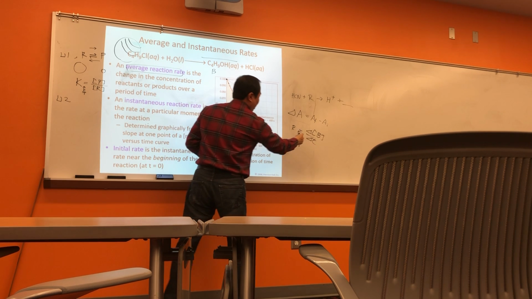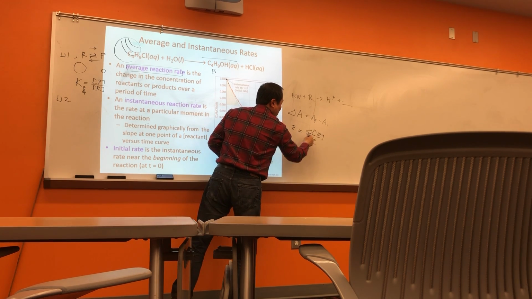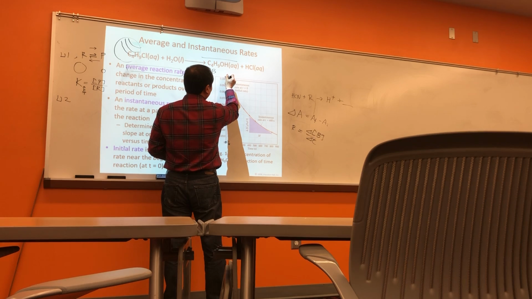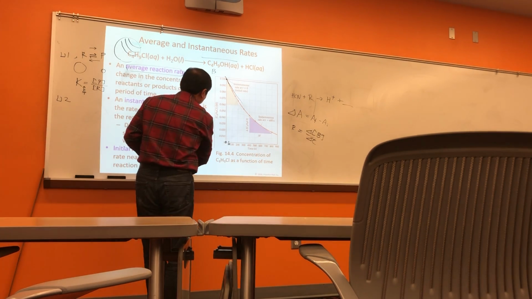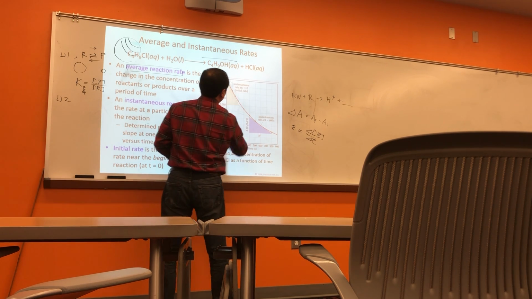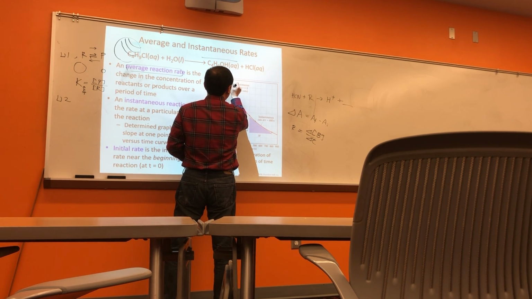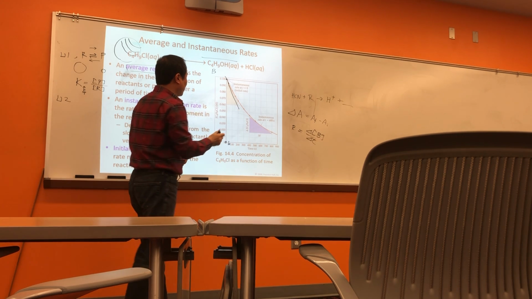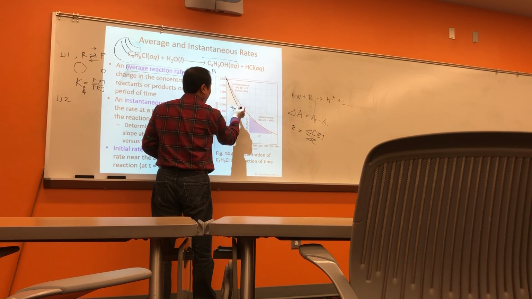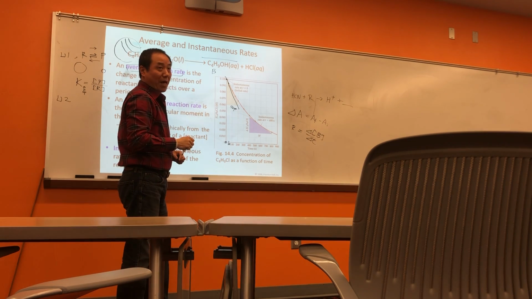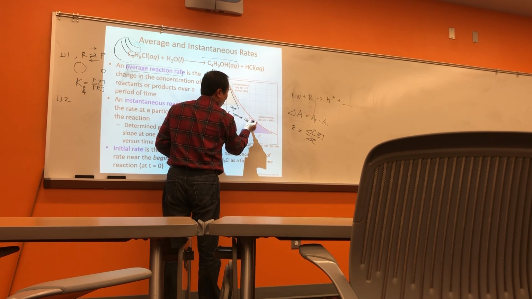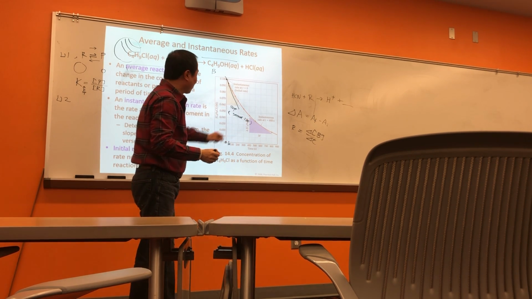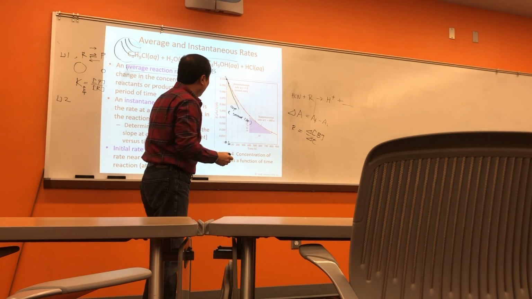So we did change in y over change in x, which means the slope between those two points. The drawing is not that great, but that is the slope connecting two points. In math terms, that is a secant line. You don't have to know this because it's a math term.